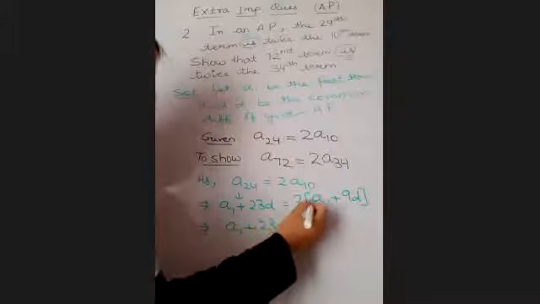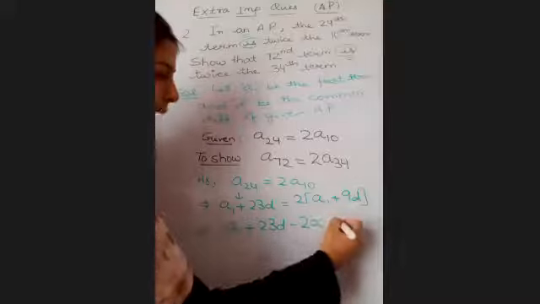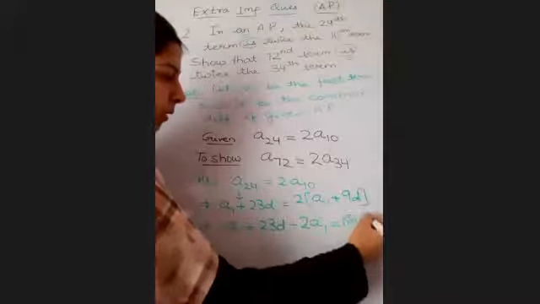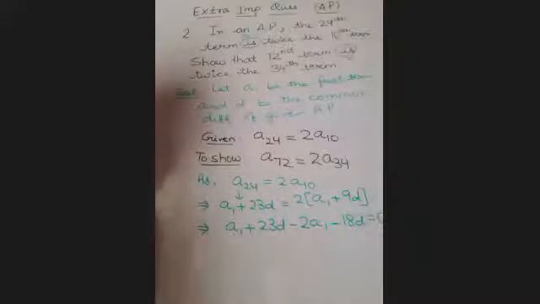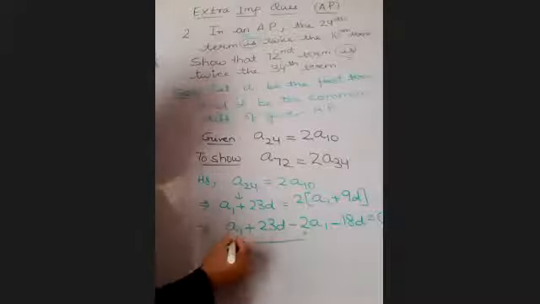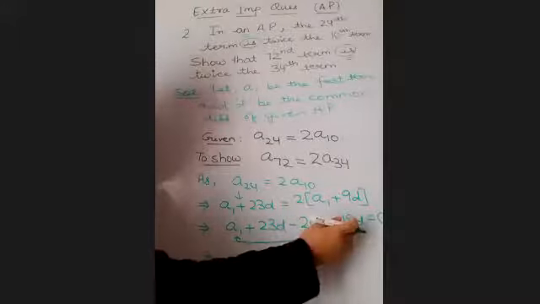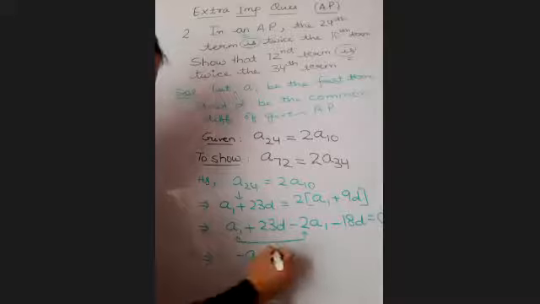A1 plus 23D, bring it here, open the bracket: minus 2A1 and minus 2 into 9 is 18. Now A1 minus twice of A1 gives me minus A1, and 23D minus 18D is plus 5D.